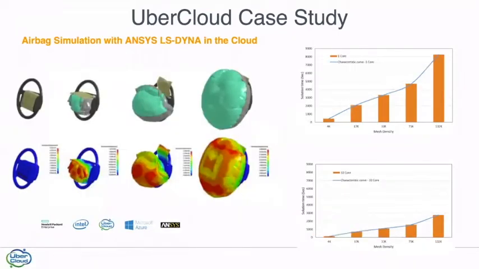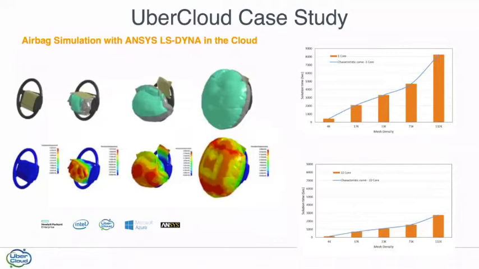So our last example is for an airbag simulation with ANSYS LS-DYNA in the cloud. The main objective of this project was to analyze the airbag inflation behavior under dynamic conditions. Simulations were run on the UberCloud CAE platform with LS-DYNA as a solver and Microsoft Azure as the cloud.